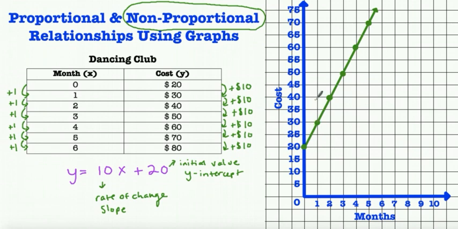We're still increasing at the same rate each time, but this time we have an initial value that's not 0, it's 20. So in order for it to be a proportional relationship, it does have to start at 0, 0. If we have an initial value, we don't get equivalent rates. And that's it.